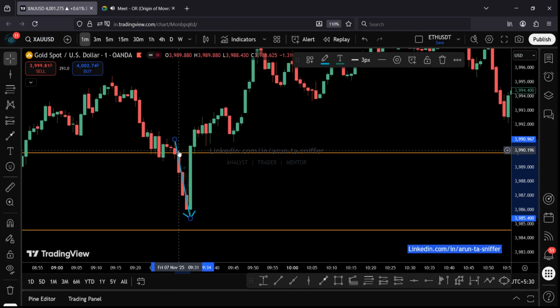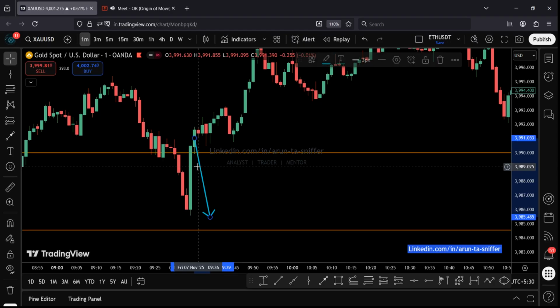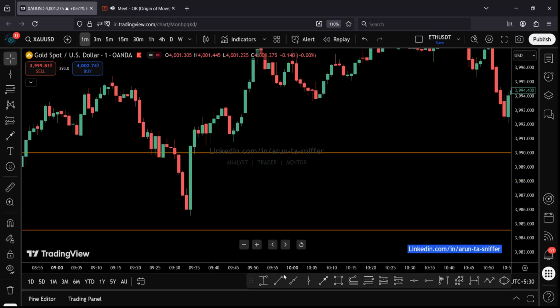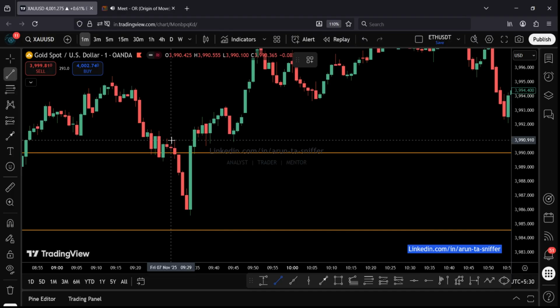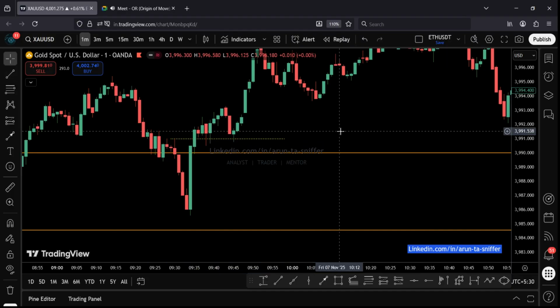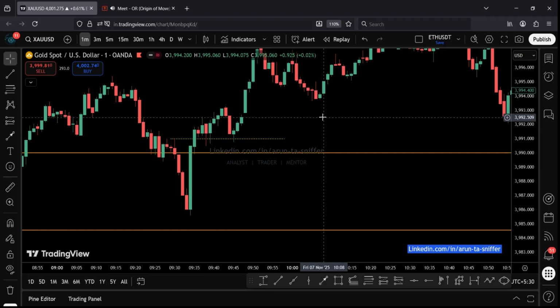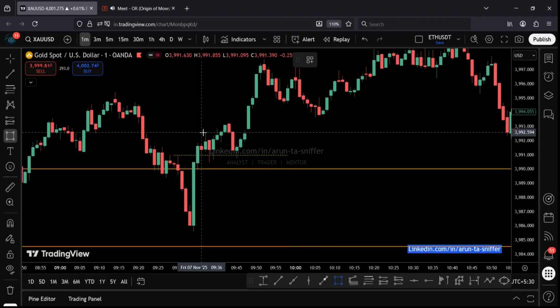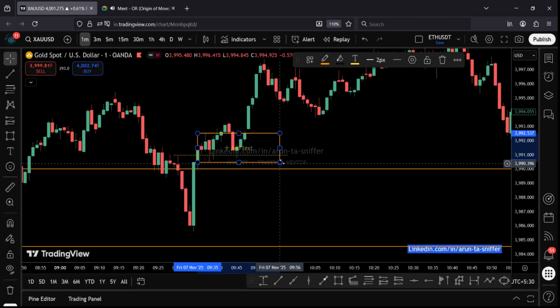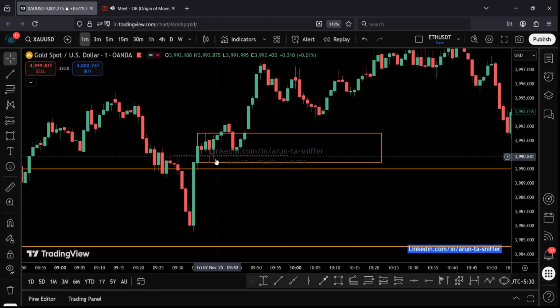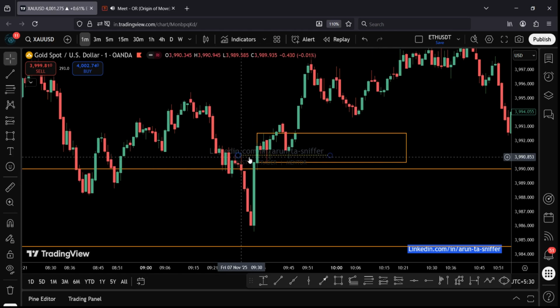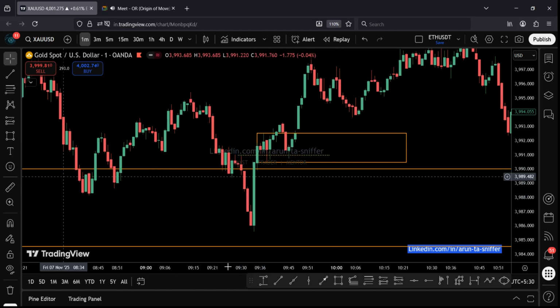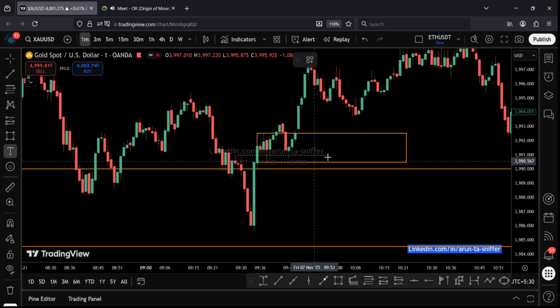So we will draw a line here like this. This cross, this is our RSFL. Okay, price goes up, came down, hit this RSFL. This will be our RSFL.